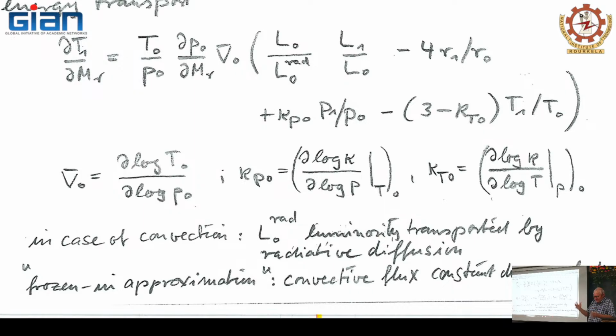We have constructed a background model, a hydrostatic, stationary, time-independent model. And these are the equations which describe small deviations from this hydrostatic equilibrium, which are to first order linear equations. We cannot hope that there are analytical solutions, so we have to solve the system of equations numerically.